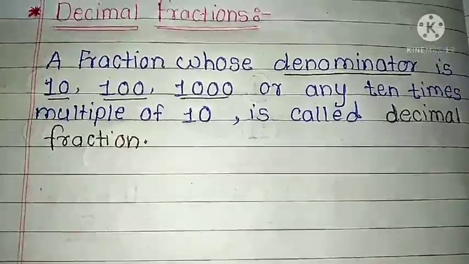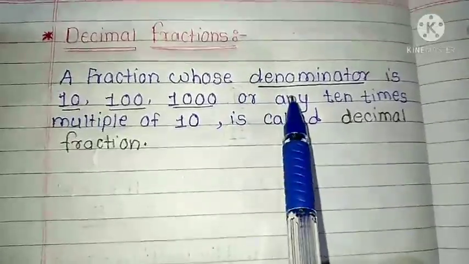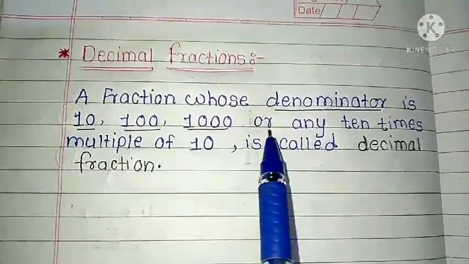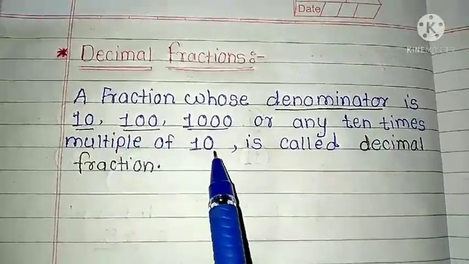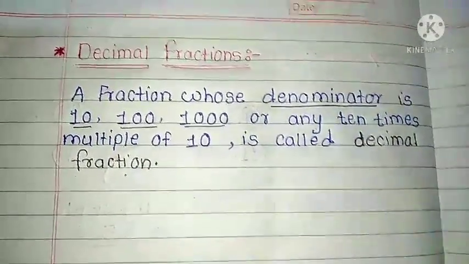What is a decimal fraction? A number is a fraction whose denominator is 10, 100, 1000 or any 10 times multiple of 10. It is called a decimal fraction.